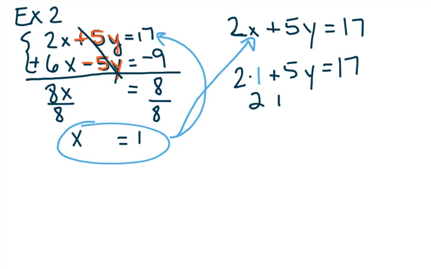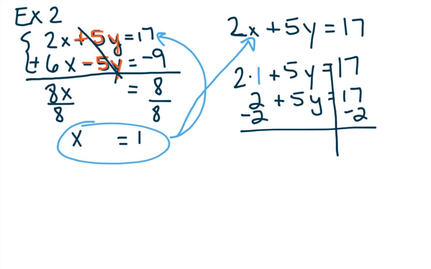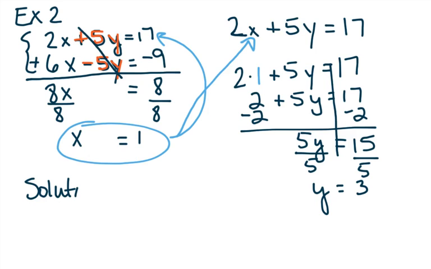So that gives me 2 plus 5y equals 17. I'm going to solve by subtracting 2 from each side. I get 5y equals 15, and then divide both sides by 5. So my solution for that one is y equals 3, which means my solution to the system is the point (x, y), remember that, and the x value is 1, and the y value is 3. So my solution is (1, 3).